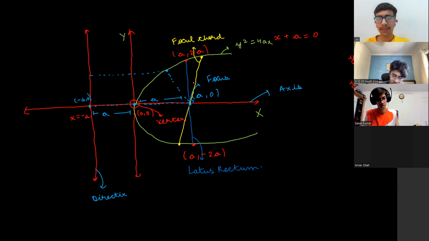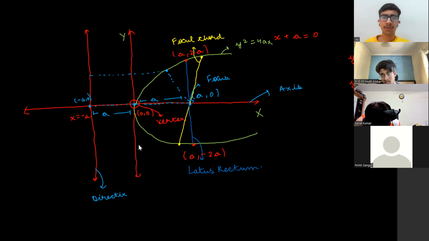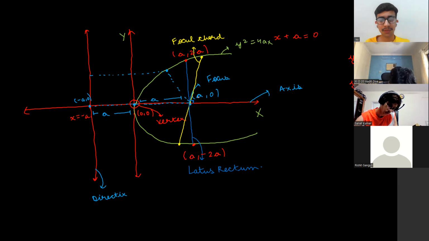If you want to calculate the length of the lattice rectum, yes. Could you explain this part again? I got disconnected. Okay. So basically we are calculating the length of lattice rectum now. A lattice rectum is a focal chord passing through the focus and perpendicular to the axis. Since it is passing through the focus, the focus coordinate is (a, 0). That means the x coordinates of the lattice rectum will also be a. Now we need to calculate the y coordinate.